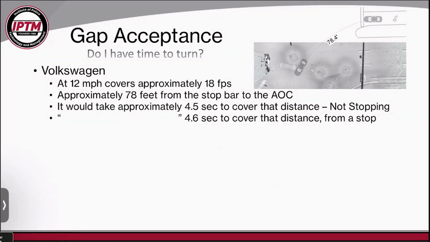So we looked at this in two different ways. We said, well, if it had just rolled through, then it would have taken approximately 4.5 seconds. If the vehicle had stopped and then proceeded up to that speed, it would have taken approximately 4.6.